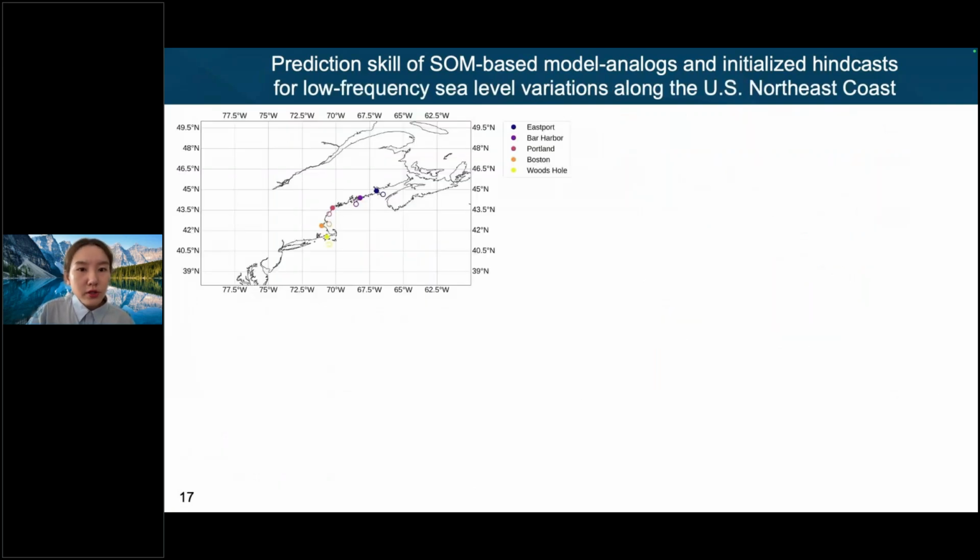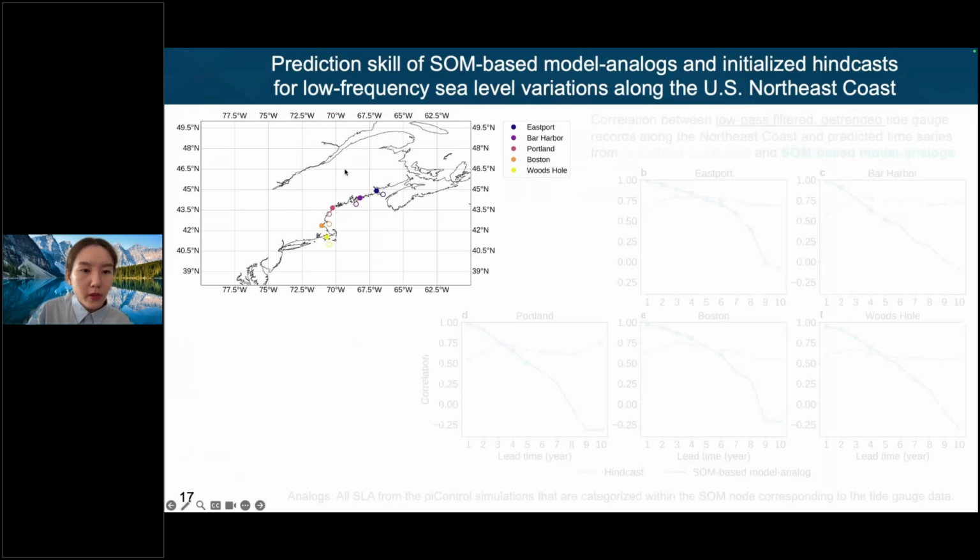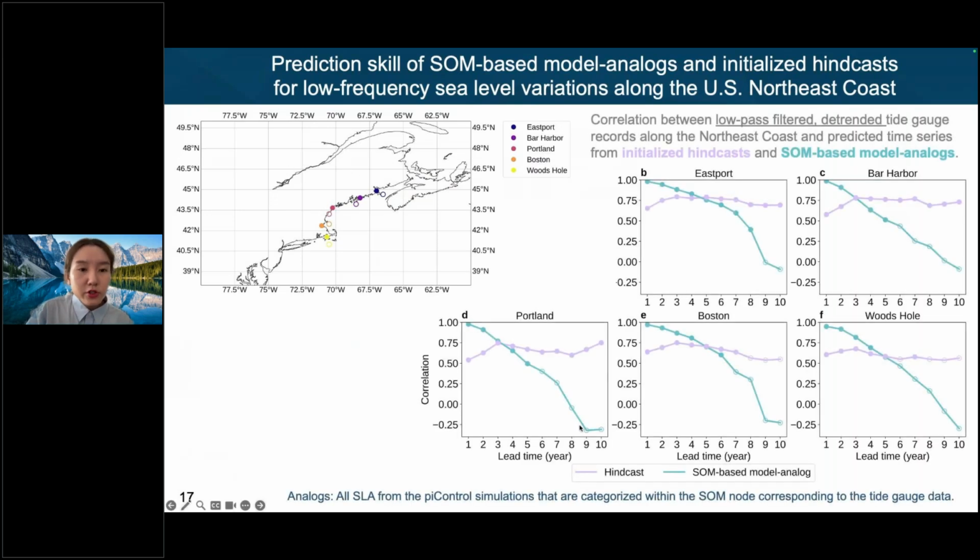So in addition to the prediction of the large-scale sea level, we also conducted prediction of the low-frequency sea level variations along the U.S. northeast coast, as shown here. These figures show the correlation between the low-pass filtered, detrended tide gauge records along the northeast coast and the predicted time series from the initialized hindcast and SOM-based model analogs.